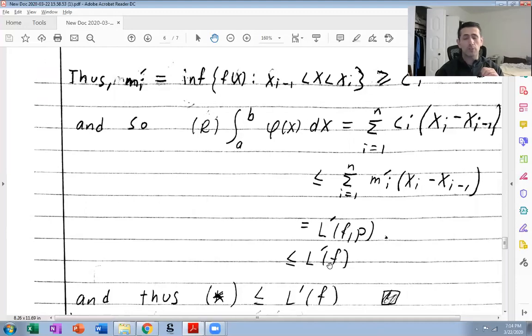This is an upper bound for all these integrals. So the supremum is less than or equal to this lower bound. And so that proves that star equals the lower modified Riemann integral.